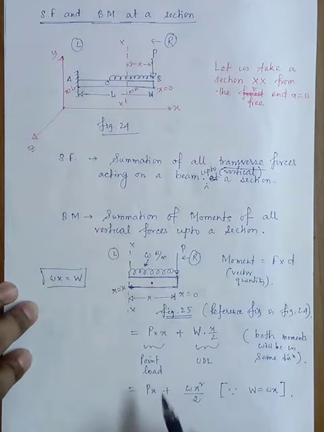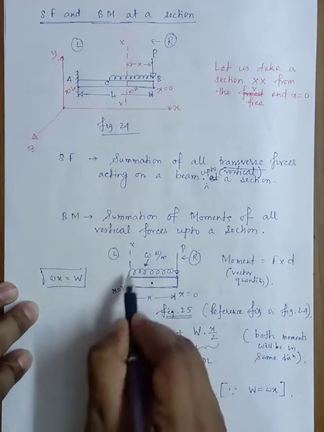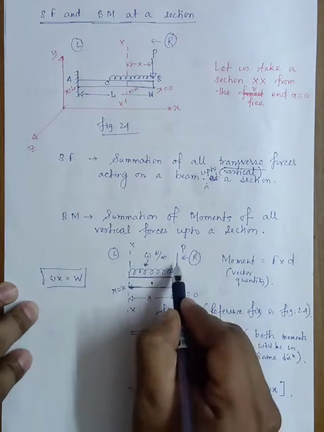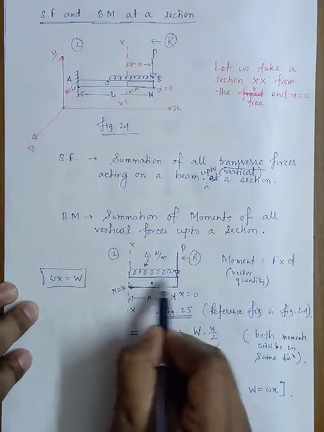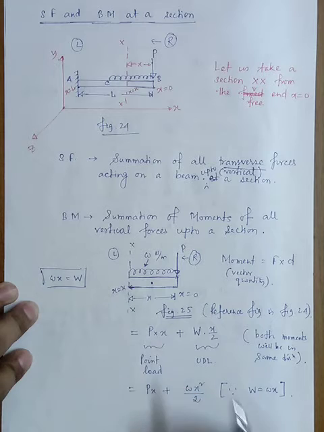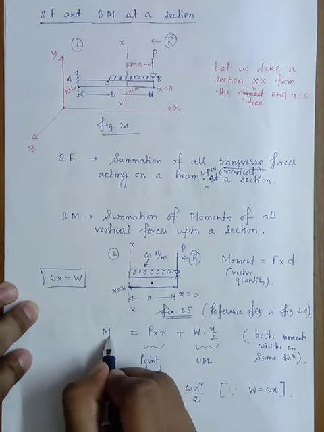So at this section, what are the loads? One load is P. So what will be the moment if you want to calculate the bending moment? What will be the value of P?